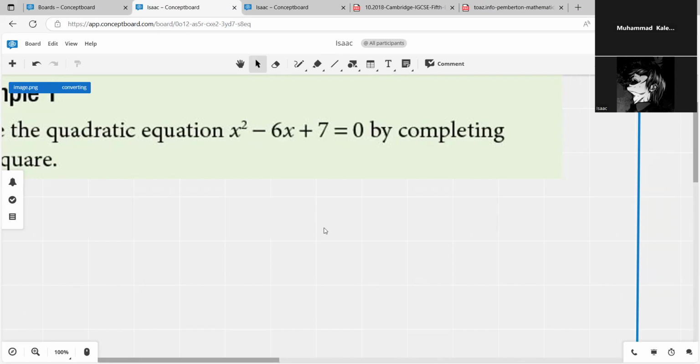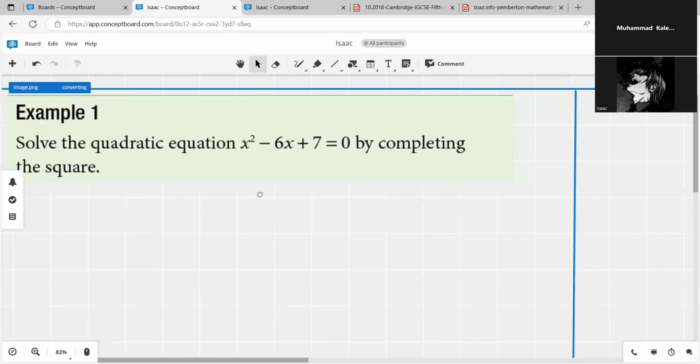Some equations are not solvable by using the factorization method, but all the quadratic equations are solvable by using the quadratic formula. If they mention the method, it's compulsory for us to use that method. But if they did not mention the method, then you must use the quadratic formula. That's a suggestion from my side.